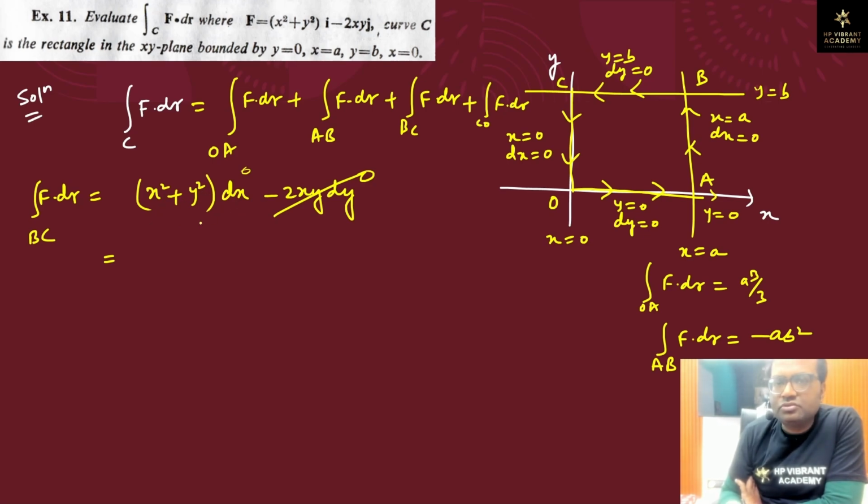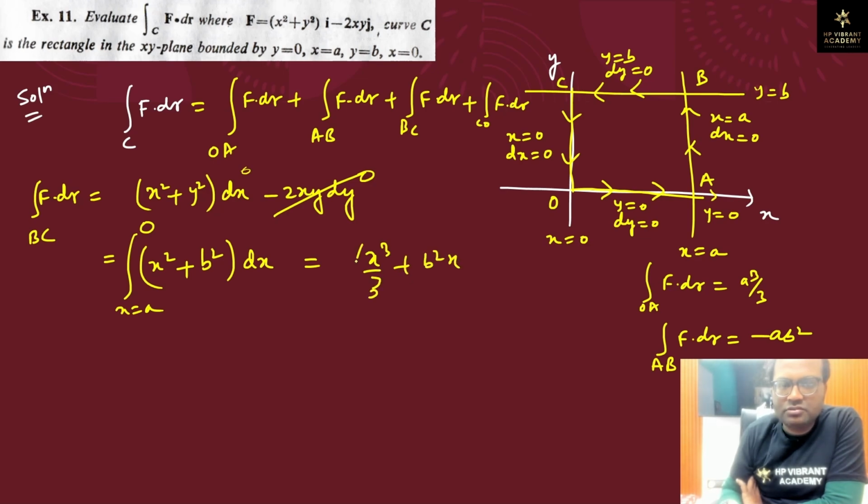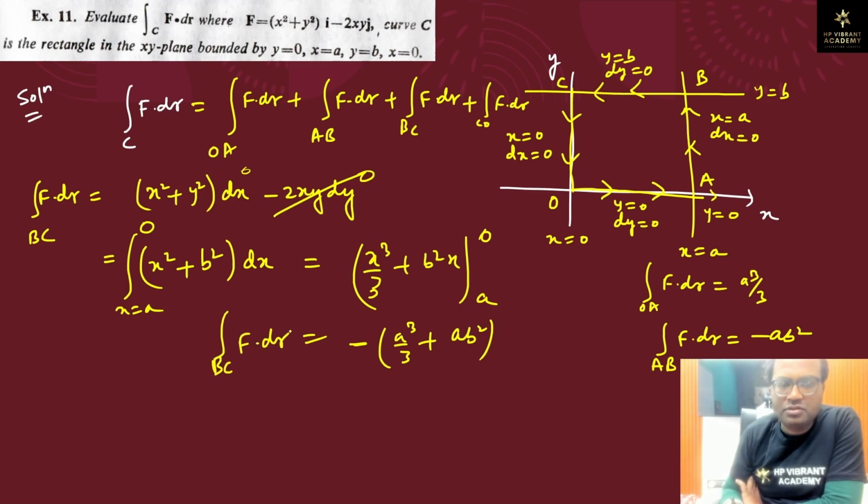So we have x square plus b square into dx, with x going from a to 0. So this is x cube by 3 plus b square x, with limits a to 0. So this is 0 minus a cube upon 3 plus a b square. So this is along BC f dot dr.